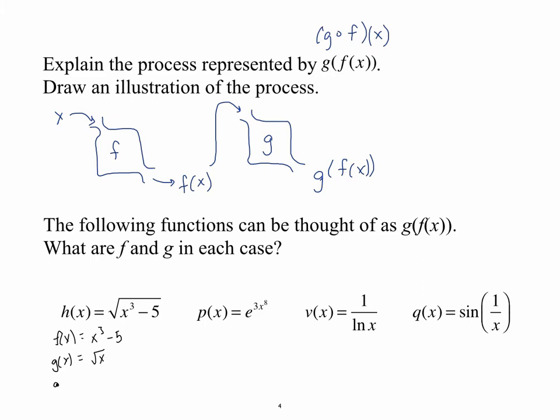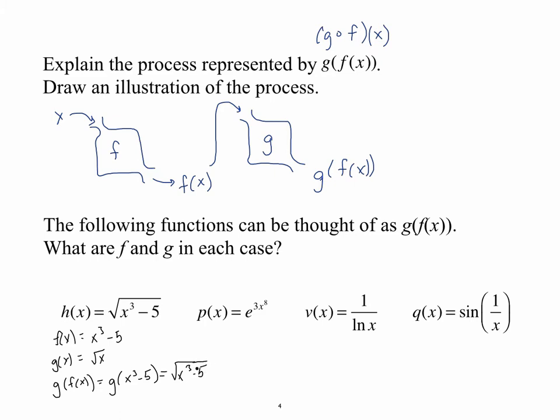When you do that composition, g of f of x, that's basically saying g of x cubed minus 5. This is your input now, and you put that into your g function, and that gives you exactly what we wanted.